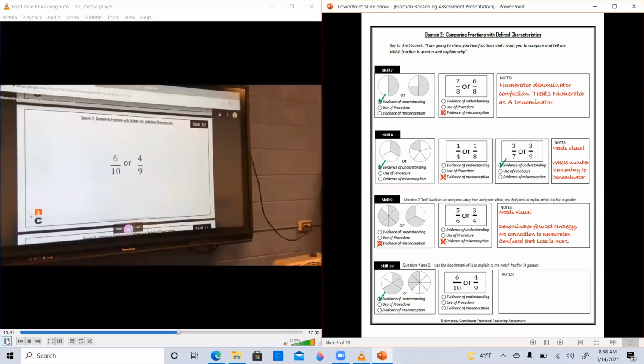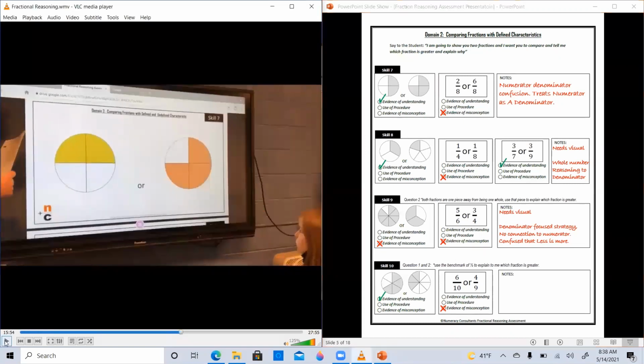So 3, 6, 9. So he basically said both of those are less than half, which is not true. So it's already evidence of a misconception, regardless of what answer he gives. So that's 3, and then 2 if that's a 5. So 4/9 would be bigger. 4/9 is greater using the half benchmark.